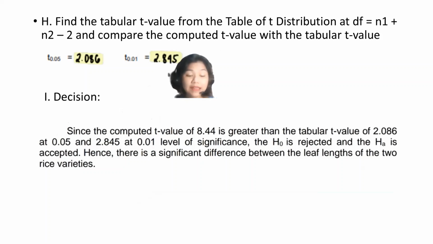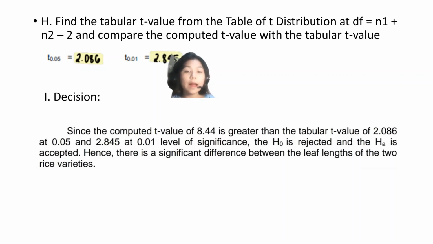Sa pag-decide natin, if the computed t-value is less than the tabular t-value at 5% level of significance, the difference between the two means is non-significant. Pero pagka naman po yung ating computed t-value ay mas malaki po siya sa value sa 5% level of significance, but less than siya doon sa ating tabular value at 1% level of significance, between the means po, or the difference between the means po, is significant.